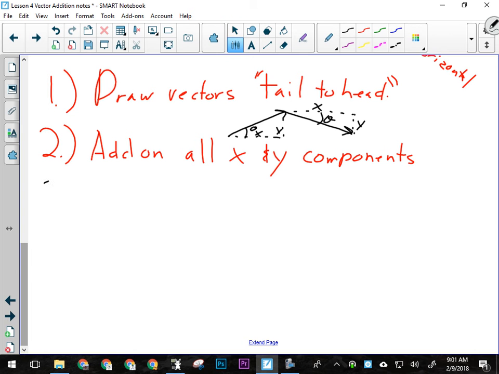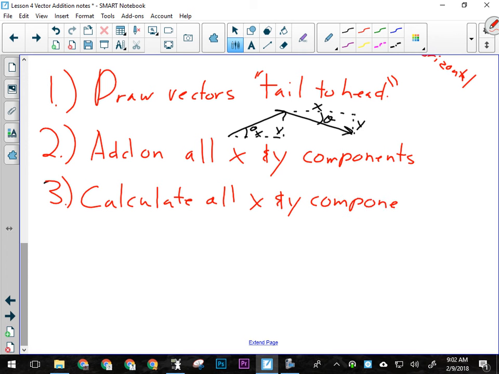As our third step, we need to calculate all the x and y components. And that's trig.